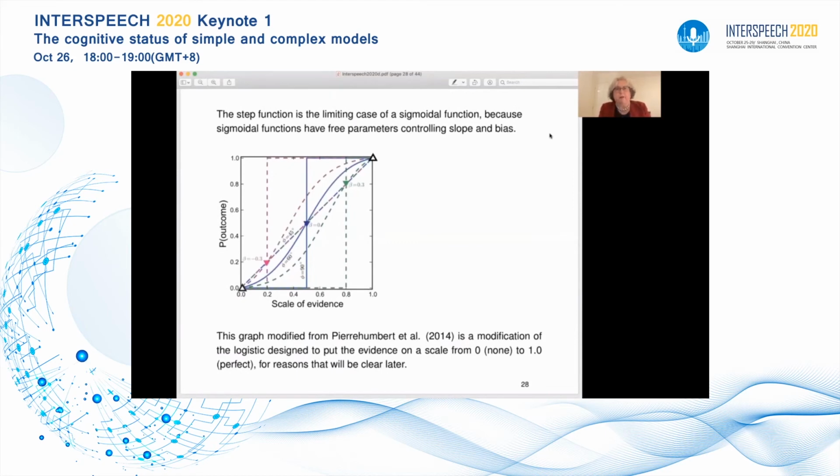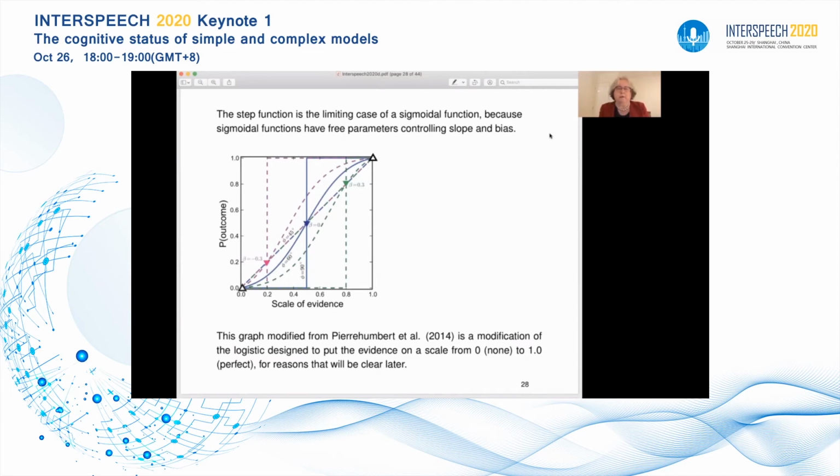So for the softmax and for pretty much any other sigmoidal function, the step function will come out as the limiting case, and that's because of the free parameter controlling the slope.